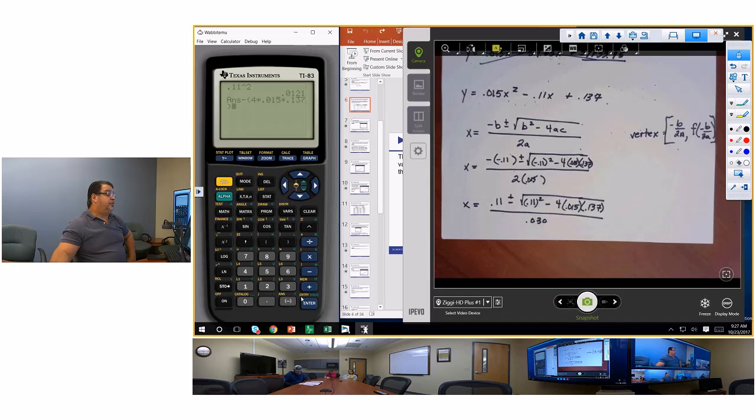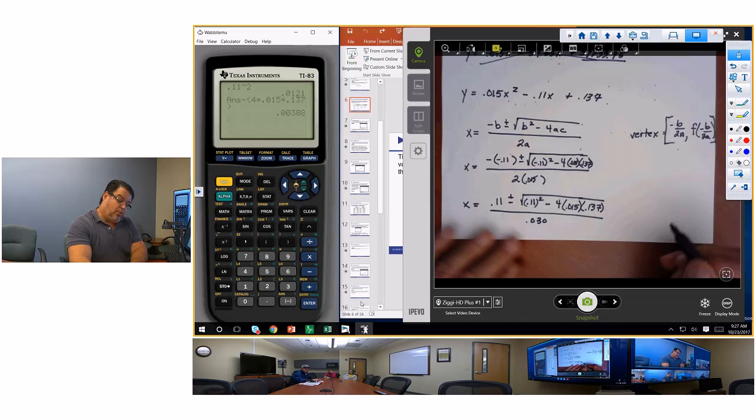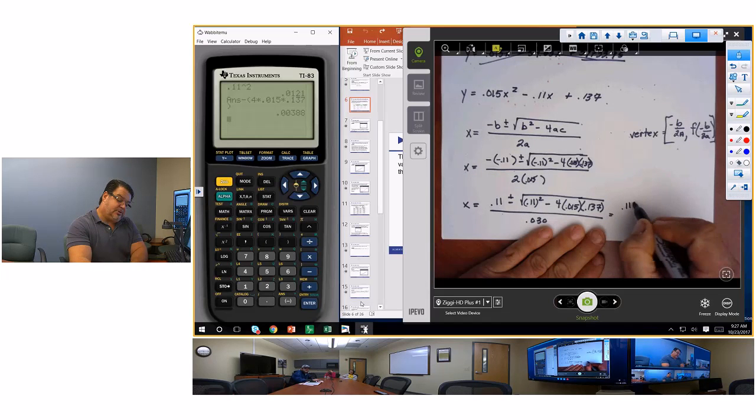And for the radicand, let's see, equals, I got 0.00388. So that equals 0.11 plus or minus square root of 0.00388.